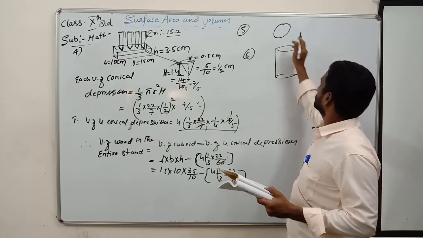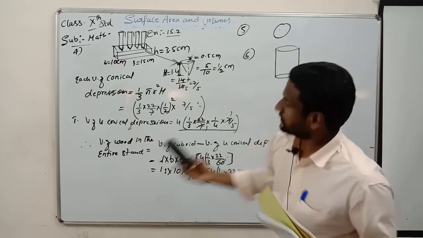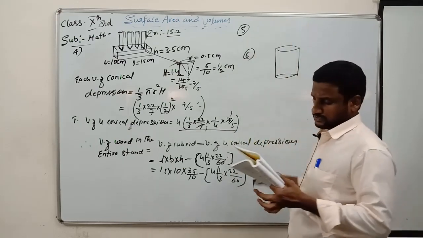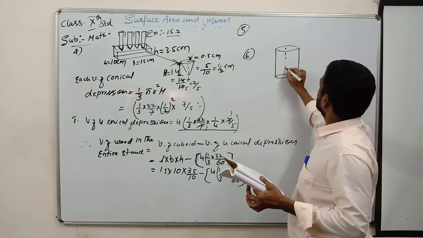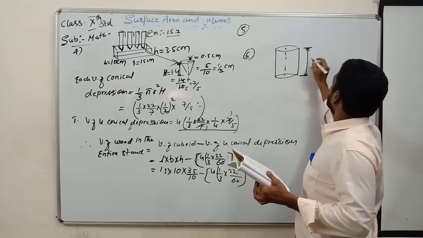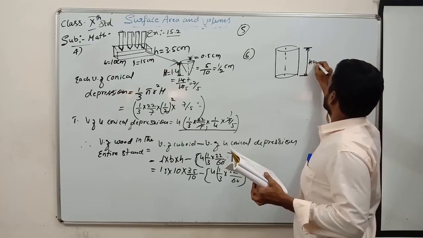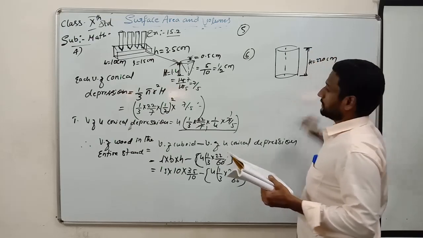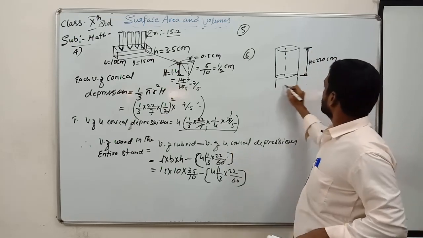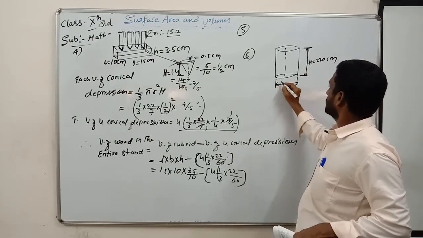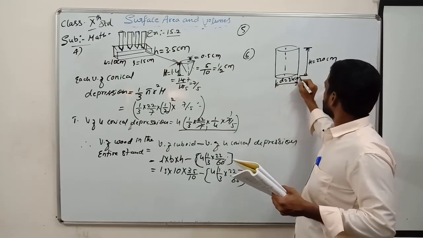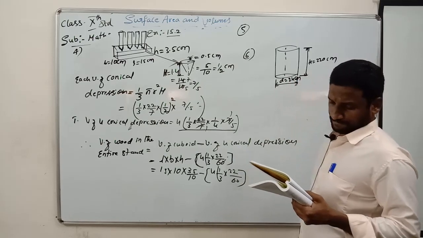The height is 220 centimeter, so you can take capital H equal to 220 centimeter. And the base diameter, D, is 24 centimeter.